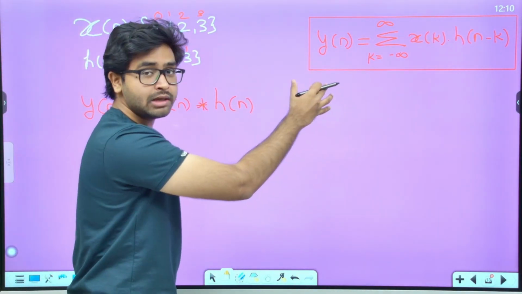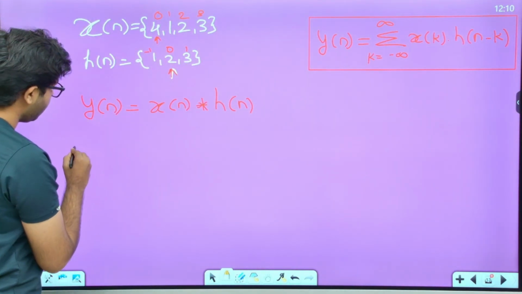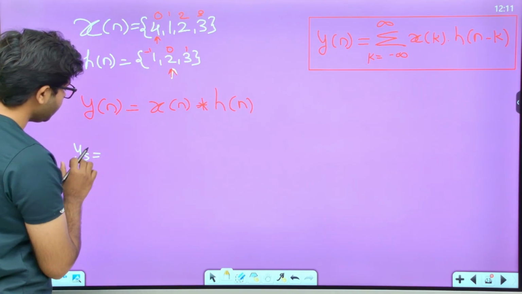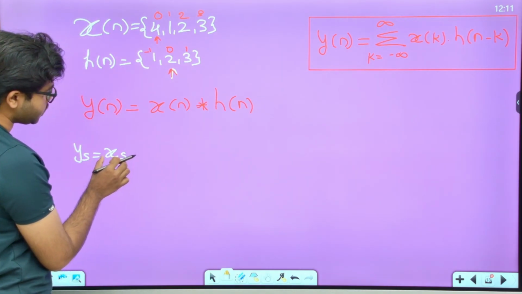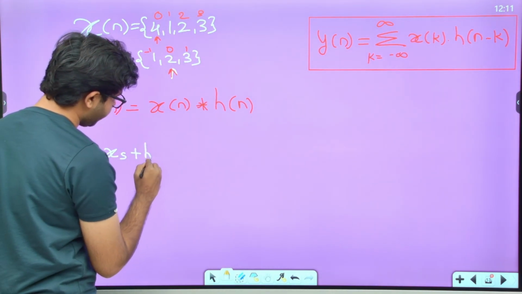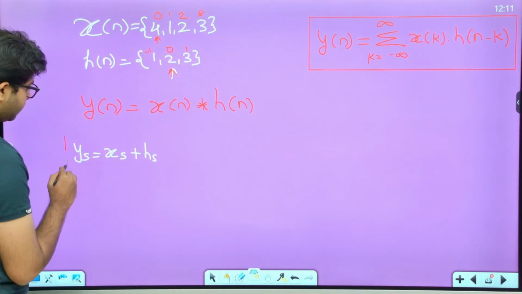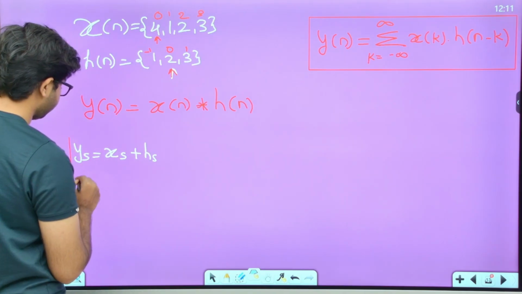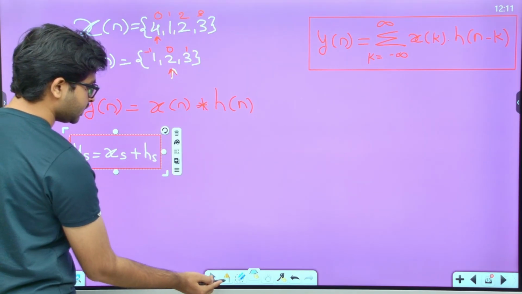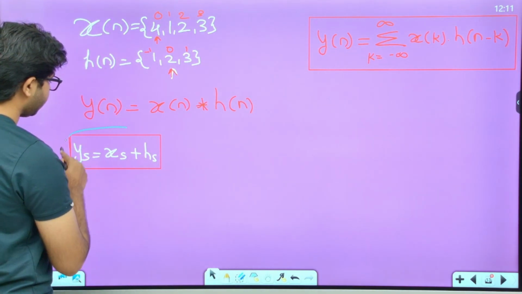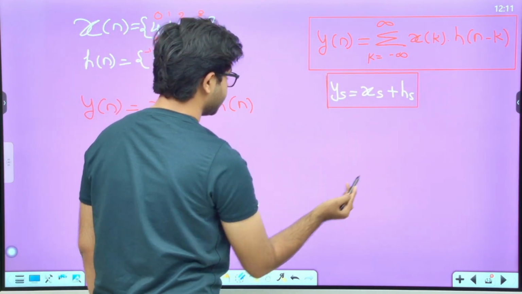The next part to discuss is y of s, from where the convolution sequence will start. Ultimately the output is also a sequence, the convolution of x of n and h of n. The formula is y of s equals x of s plus h of s, which tells us where we want to start the sequence.